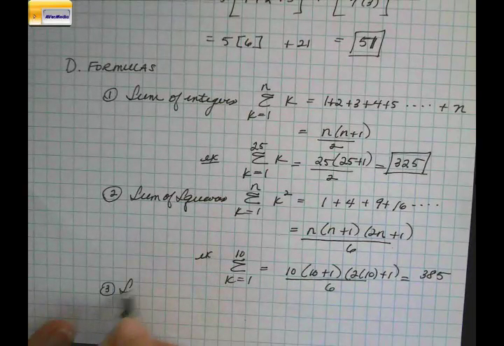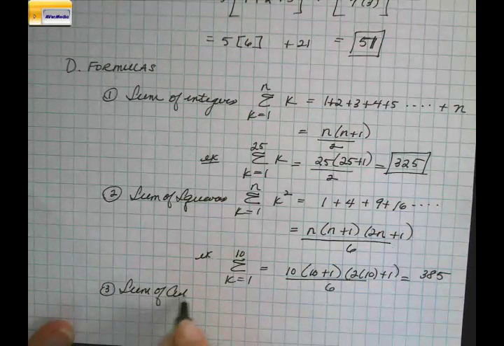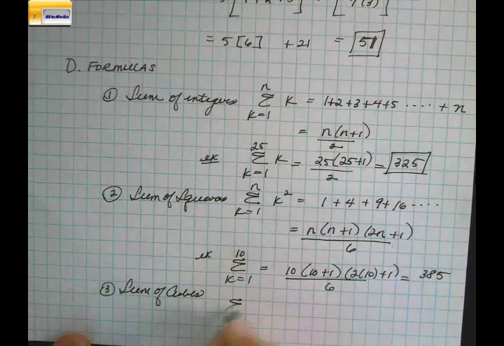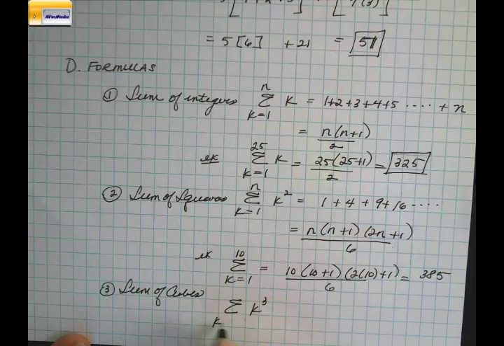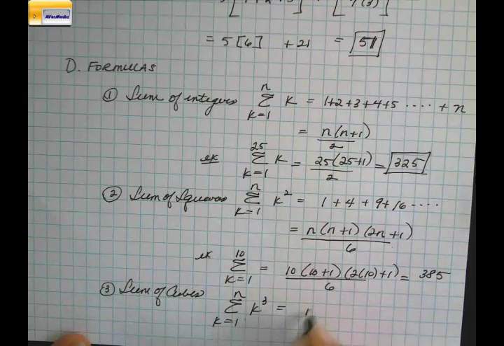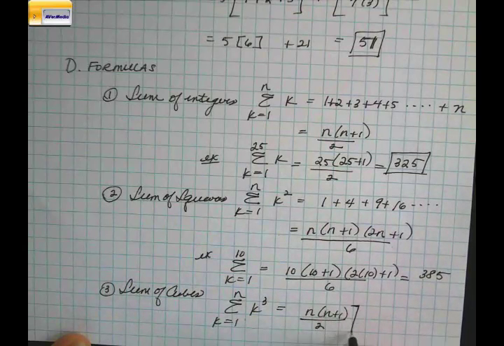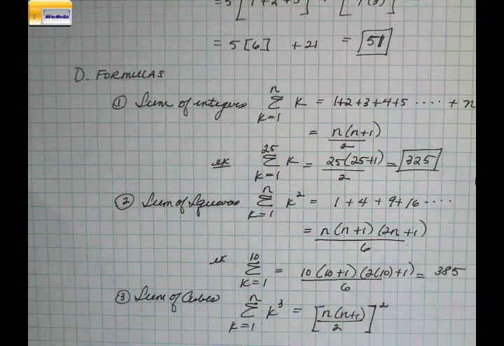And then one more, this is the sum of cubes. So we're looking at the summation of k cubed from k equaling 1 to n. And that formula is n times n plus 1 over 2, all of this perfectly squared. So they're neat little formulas that are summing up a finite number of cubes.